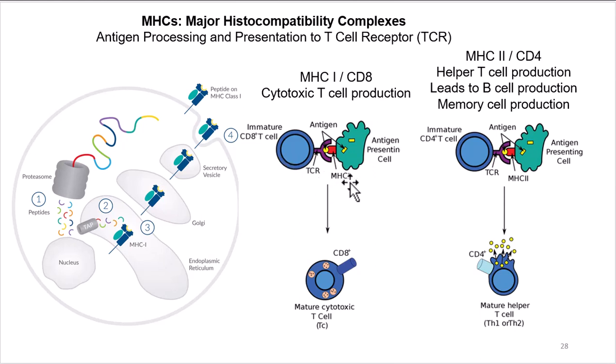If it's an MHC1, then it's on a cytotoxic T cell. If it's an MHC2, then it's on a helper T cell. Another indicator of a cytotoxic T cell is it has a molecule on it called CD8. If it's a helper T cell, it has a CD4. And once the T cell has been exposed to antigens, and it need not just be one, then it becomes mature.